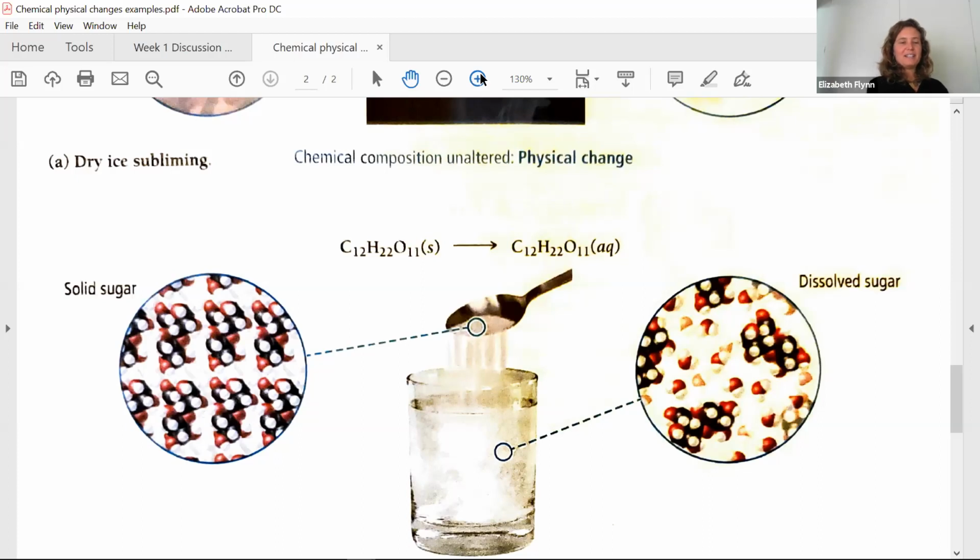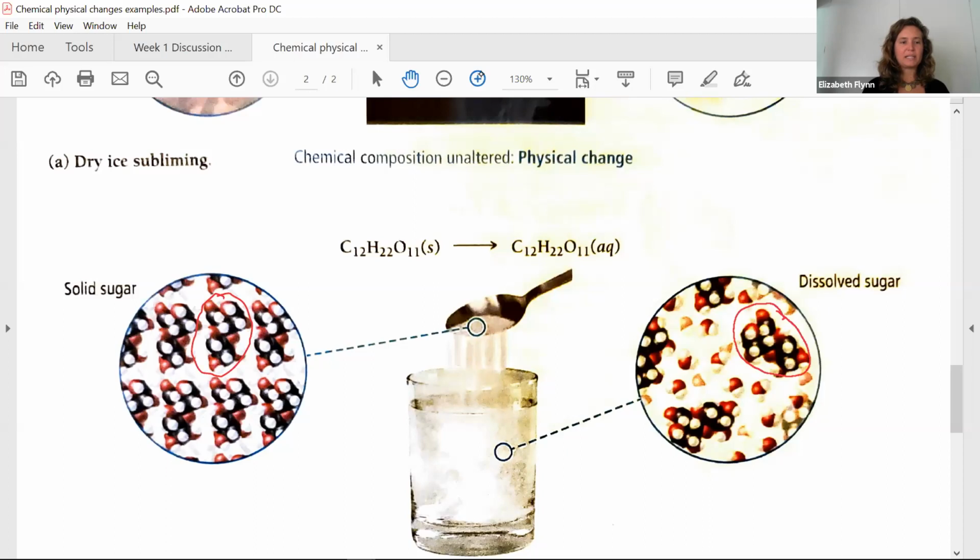What do you think, everybody? Here, I'll outline a sugar molecule. Here's one sugar molecule, and here's a sugar molecule over here. Do you think that's chemical or physical?